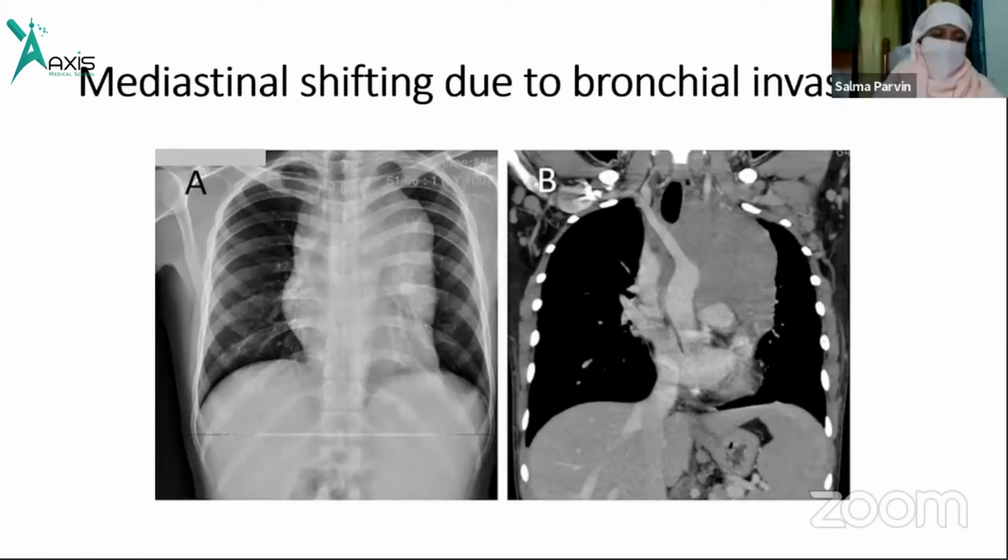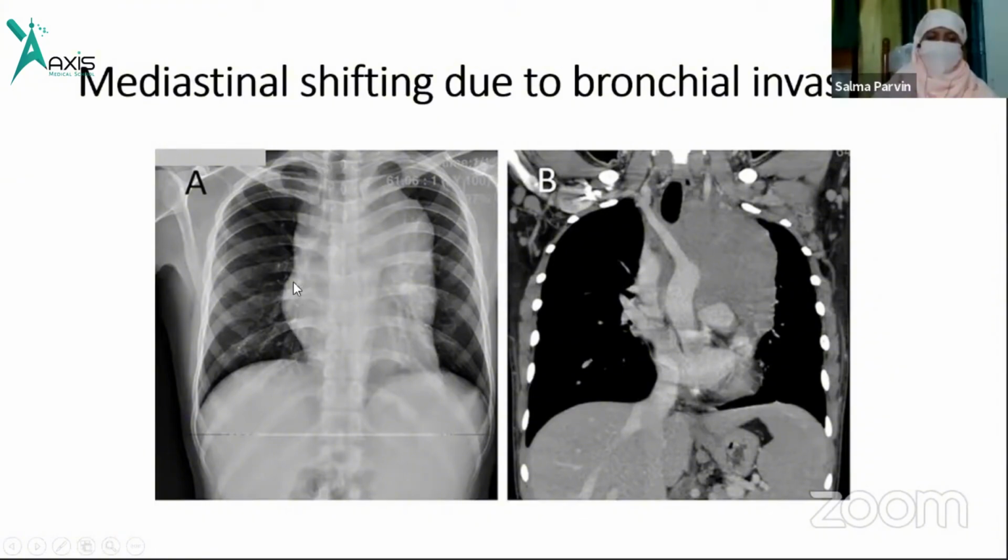And the mediastinal shifting, we have seen that there is mediastinum shifted to the involved side of the hilar mass, that is the widened mediastinum seen here, and there are mediastinal structures shifted to the left.